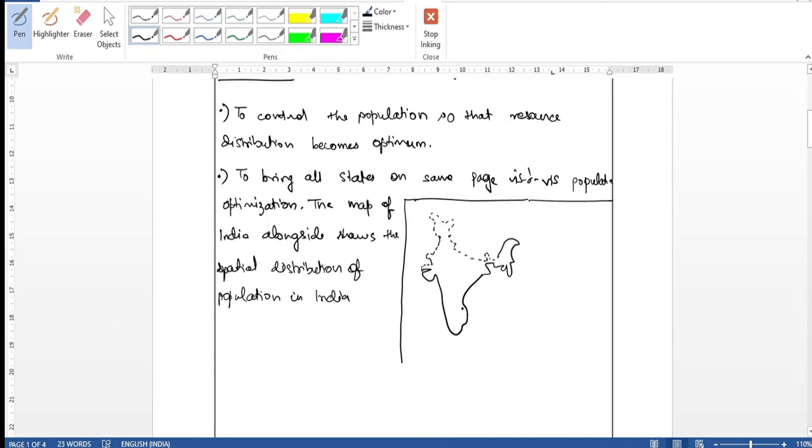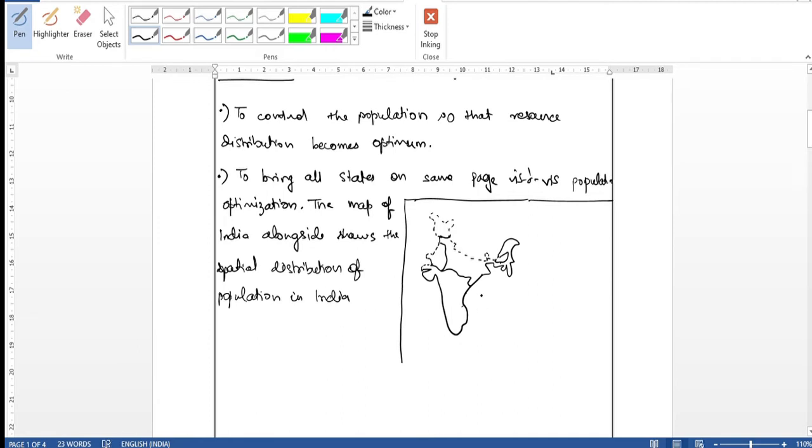Now the population belt. This region, for instance, from Maharashtra onwards, has a different kind. This region has a sparse, this has very high. Again, this region here, your Assam section, and this region like this.